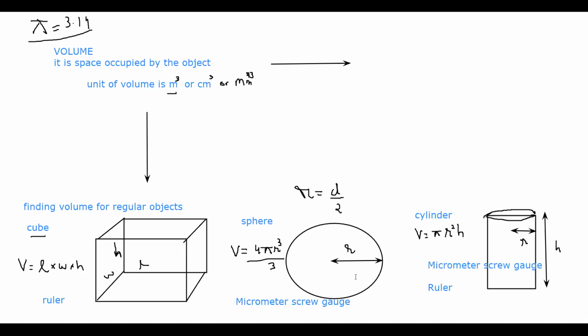And if it's a cylinder, using a micrometer you'll find its diameter, and using a ruler its height. Using the diameter you will get the radius, and using radius and height you will find the total volume.